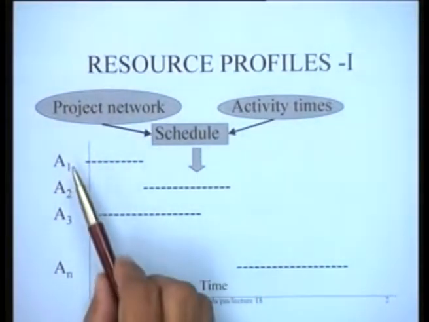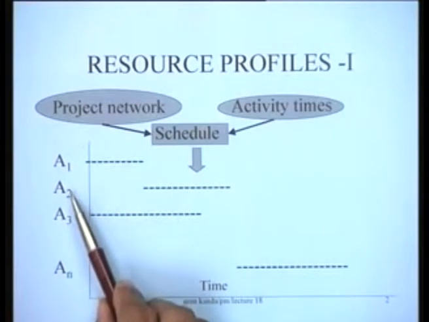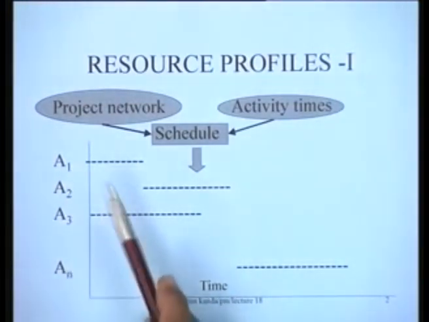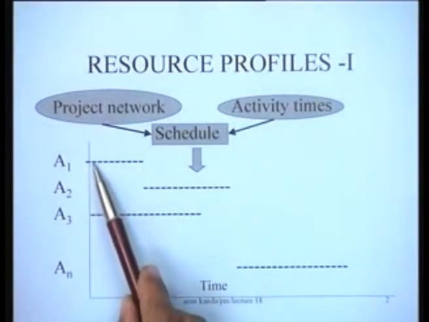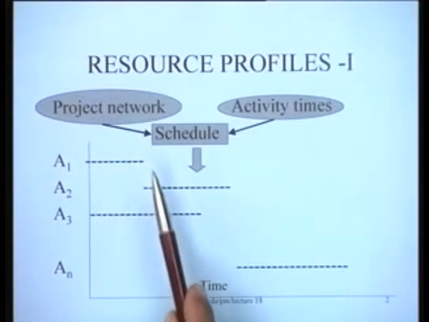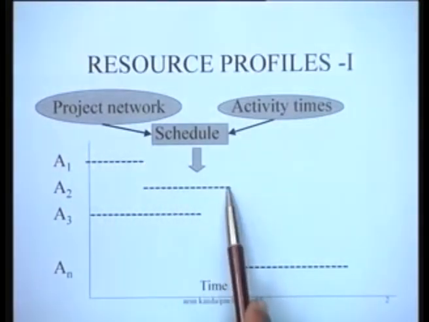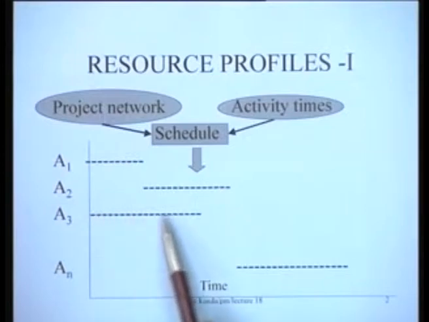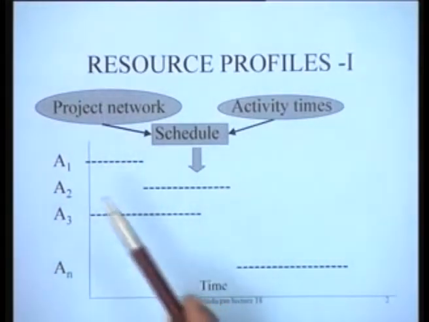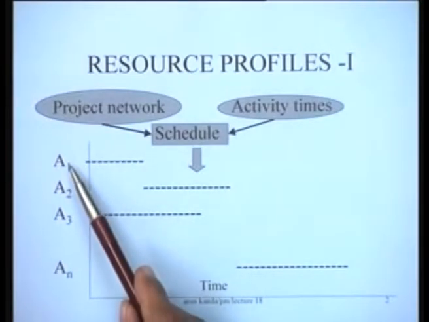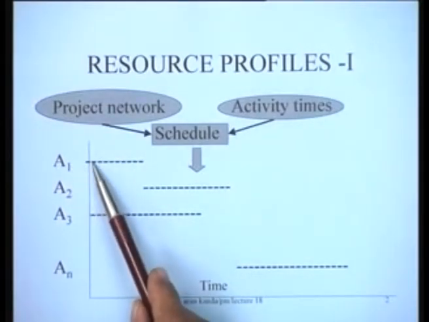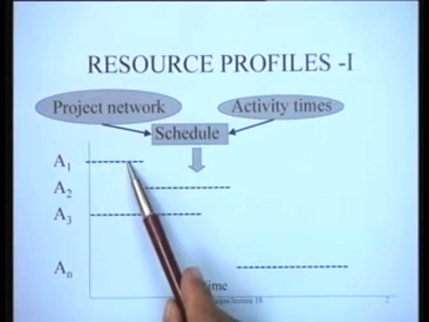That means for each activity in the project, we can identify the time that that particular activity is going to be taking place. So we can in fact establish this kind of schedule. Now it's quite likely that these individual activities, apart from cost, might require other resources for their implementation.